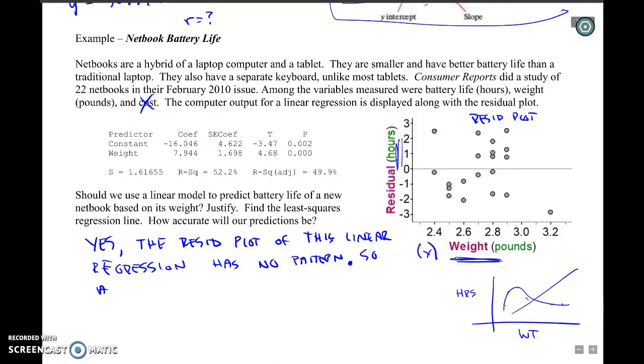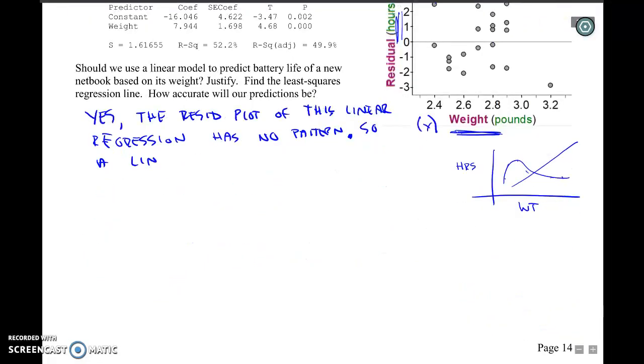So a linear model is appropriate. I can't write, I'm sorry. I'm going too fast, slow down. A linear model is appropriate.